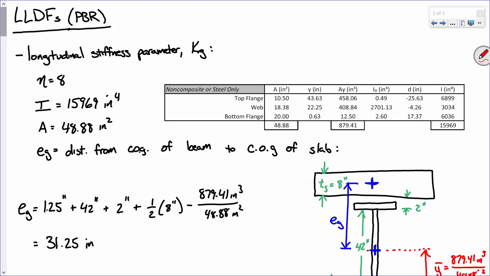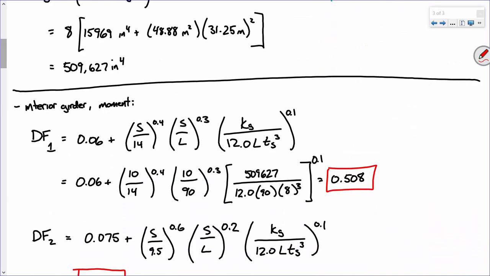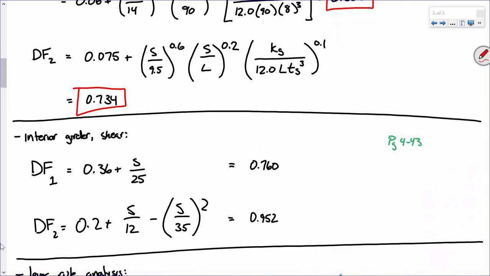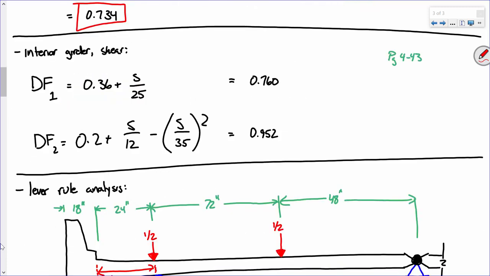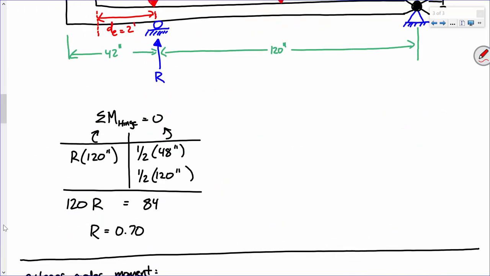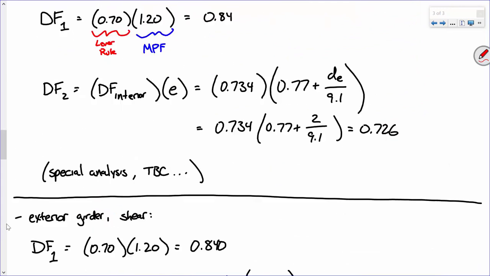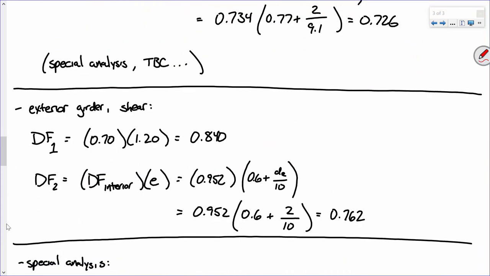We actually don't even need to go through and compute any of our shear distribution factors. If you scroll down, let's look at the shear distribution factors. The shear distribution factors, for instance, for the interior girder, they were only a function of girder spacing, right? And for the exterior girder, they either came from the lever rule, special analysis, or from this modification factor.